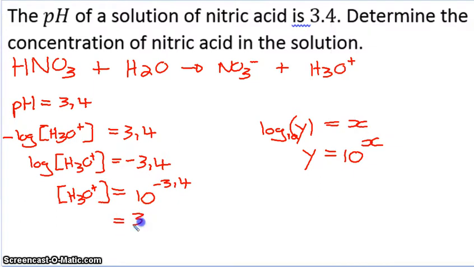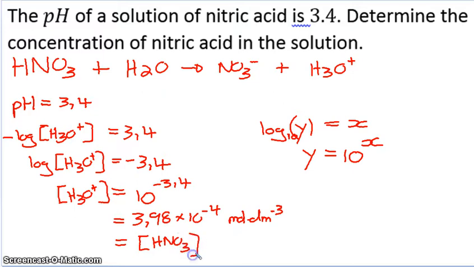And that's my answer. 3.98 times 10 to the minus 4 moles per decimeter cubed. It's a concentration. Okay, that's my concentration of hydronium, which I also know in this case is equal to my concentration of nitric acid, simply because it's a 1-to-1 reaction over here and the volume's not changing. Alright, and so I've answered my question.